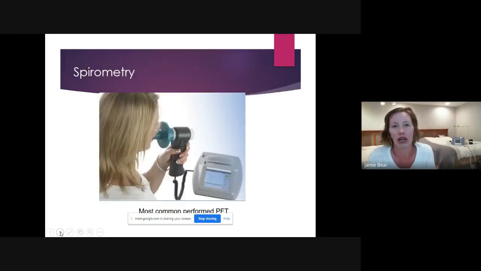Spirometry is the most commonly performed pulmonary function test, along with lung volumes and capacities. If you're thinking about your clinical simulation exam, if a patient is coming in with an acute exacerbation and exhibiting respiratory distress, just remember that that will not be a good time to measure spirometry.